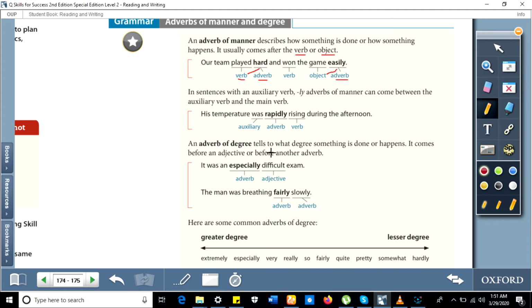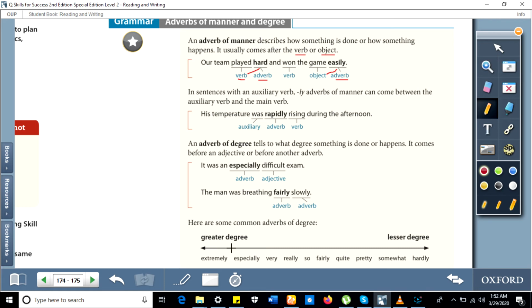Adverb of degree gives us the degree, the intensity, of that particular happening or whatever was done, right? And if you want to give that happening a degree, you can use an adverb of degree there.